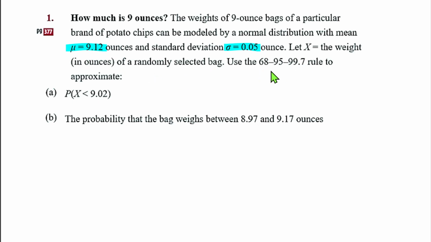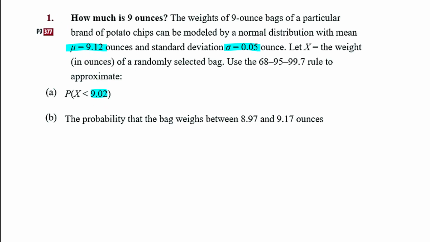And use this rule: about 68% of the results are within one standard deviation, 95% are within two standard deviations, and 99.7% of results are within 3 standard deviations of the mean. So when they tell you this, you should really be thinking, hey, is that a whole number of standard deviations? It is a whole number of standard deviations. How many standard deviations is it away from the mean? It is 2 standard deviations away from the mean.